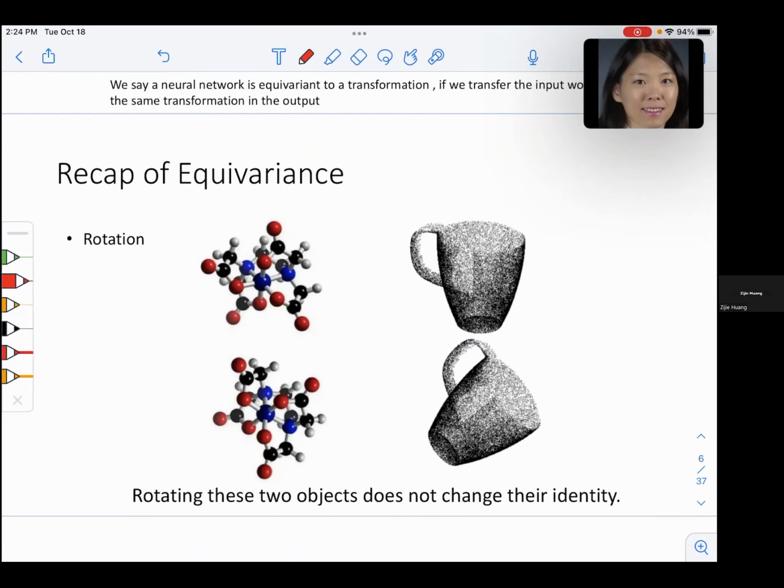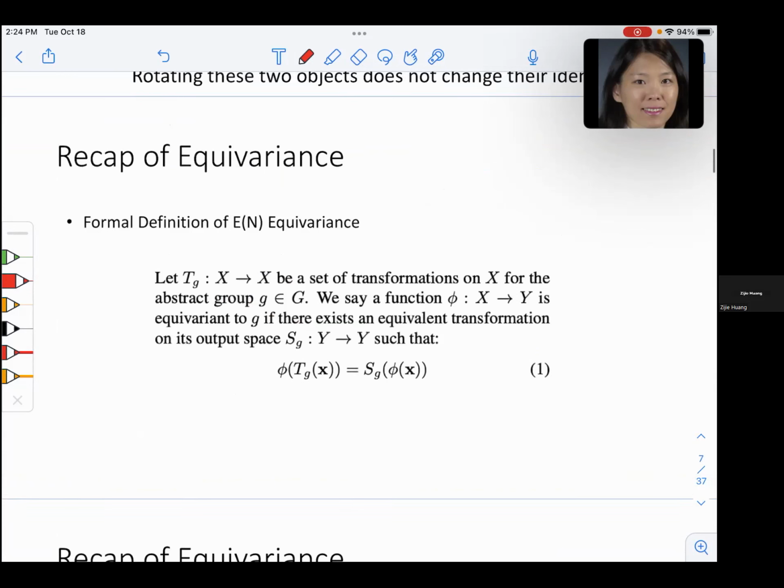Other types of equivariance include, for example, rotations. Rotating two objects, if we want to do object identity verification, will not change the ground truth; for example, on the right-hand side, these two objects are still the same cups. More formally, this equivariance can be summarized as the following formula.